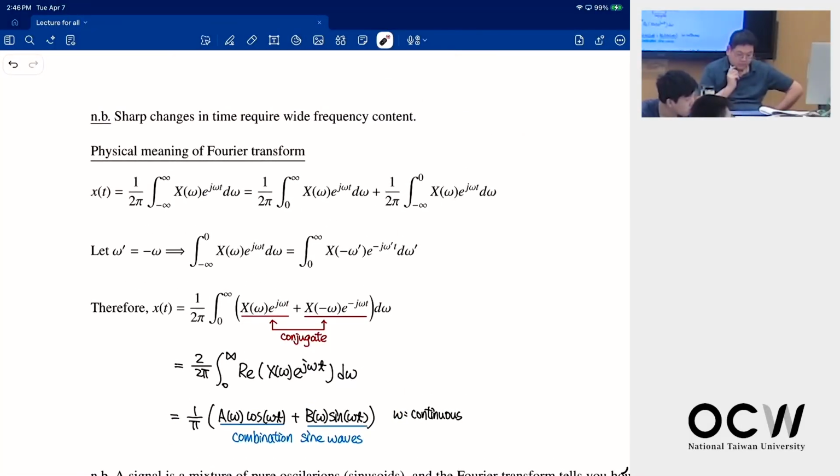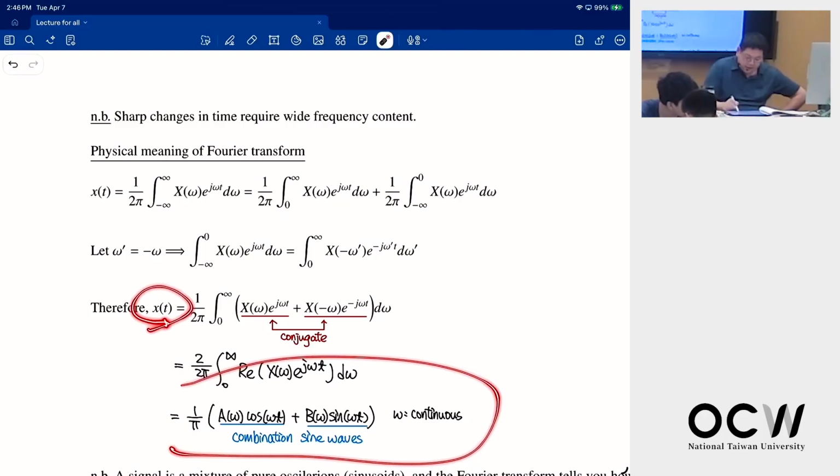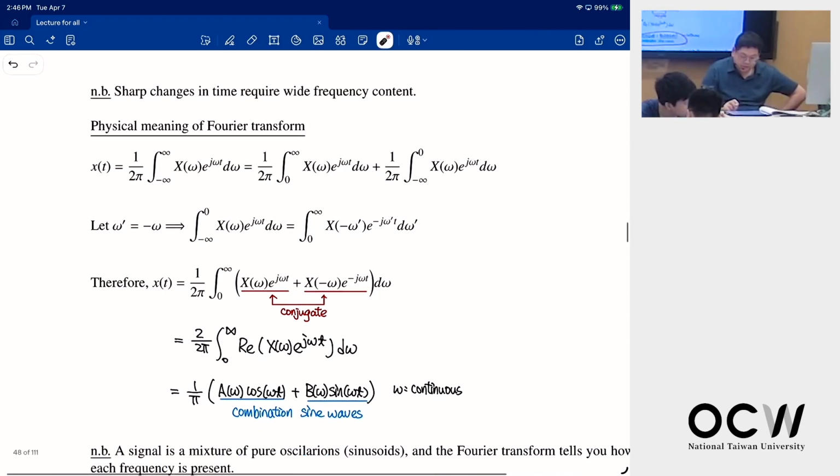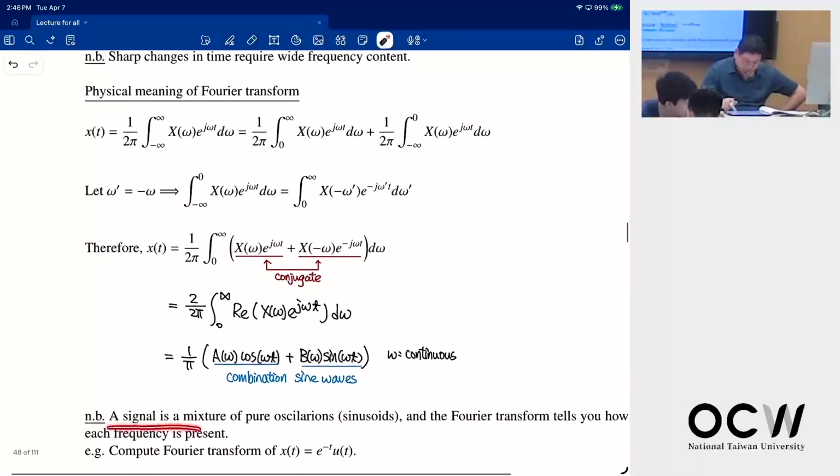So actually here you can see that the signal consists of a combination of sine waves. The signal is a mixture of pure oscillations. How come?